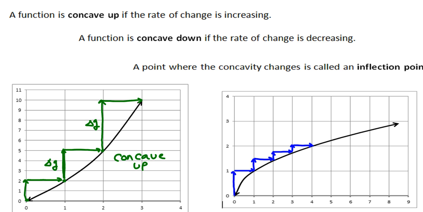And so this would be what we call concave down. One thing that I like to use when I'm looking at a graph to remember concave up and concave down: if a function is concave up, it could maybe hold water, versus if it's concave down, it would spill water. That might be a little easier to see on the next graph.